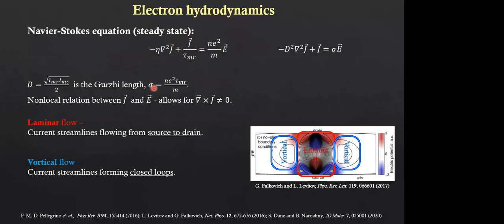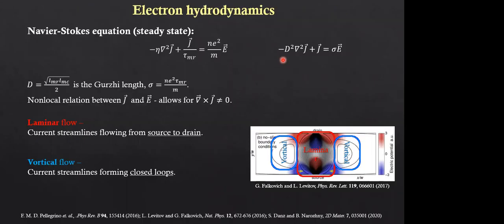And of course, the conductivity, which is written in this general form. And the Navier-Stokes equation takes the form as written on the right. Now we'll be using this rewritten Navier-Stokes equation for some simulations I'll be showing.